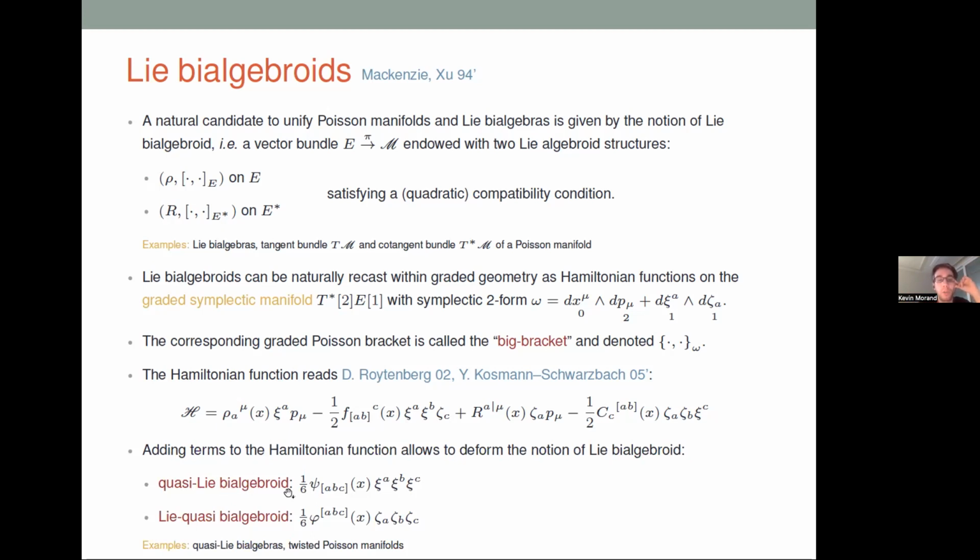For example, quasi Lie bialgebroids are obtained by adding a function of this form, which is order 3 in the coordinate xi. Examples of this are quasi Lie bialgebras, a notion due to Drinfeld, and also the so-called twisted Poisson manifolds, which are obtained by twisting the Jacobi identity for the Poisson bracket using some closed 3 form.